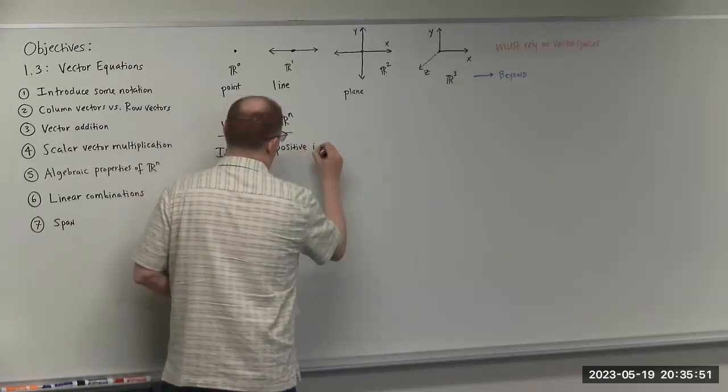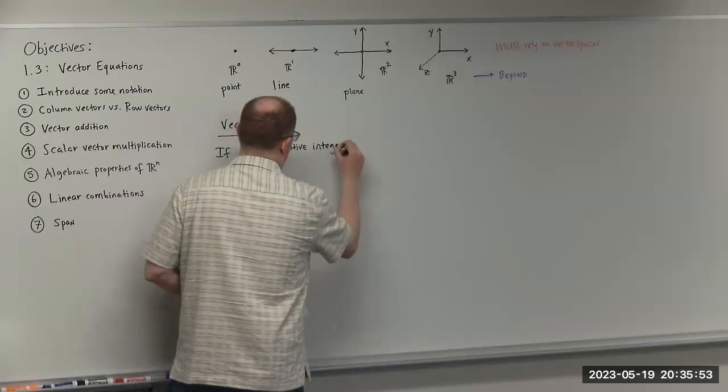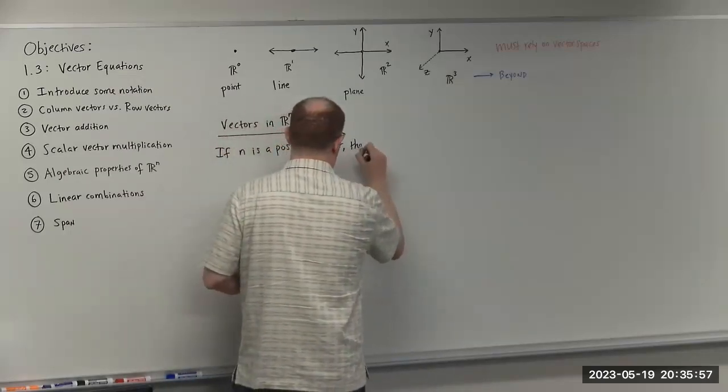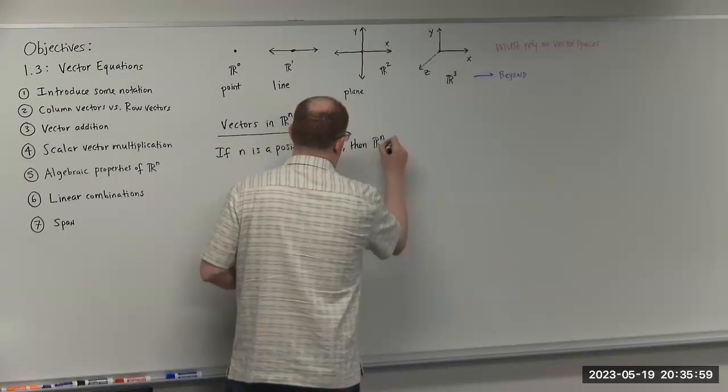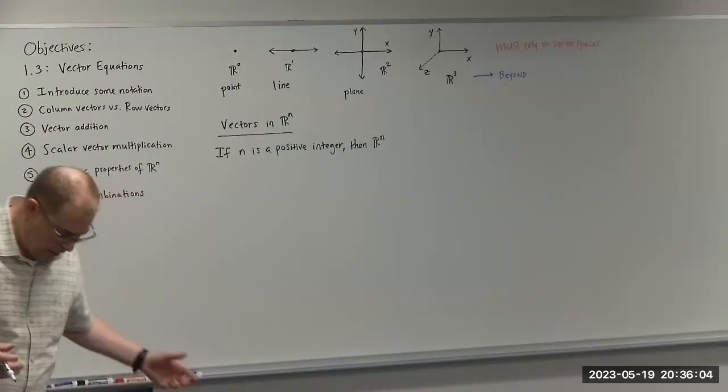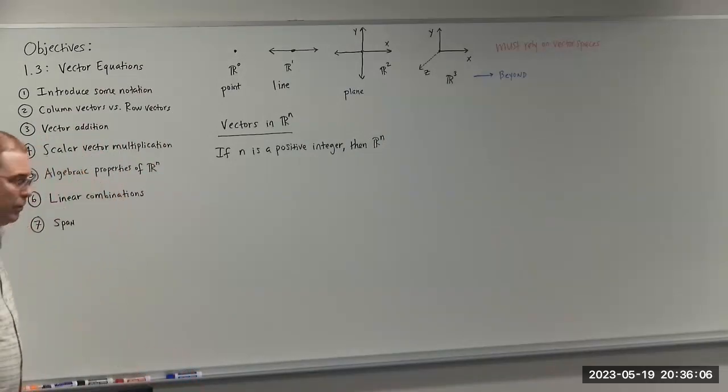If n is a positive integer, then R^n basically just denotes the collection of all lists of n real numbers.